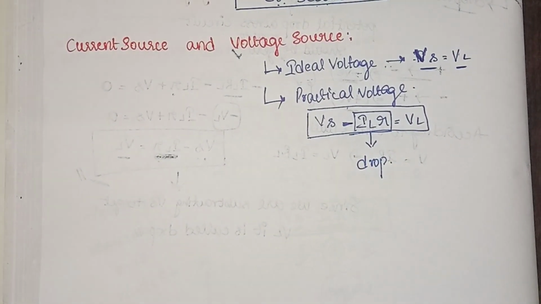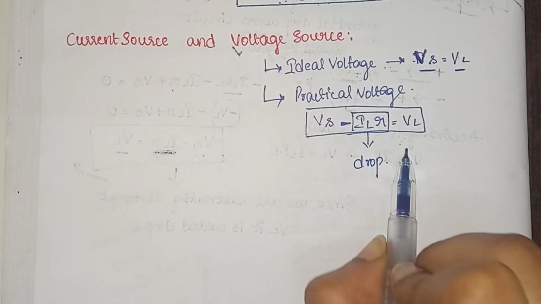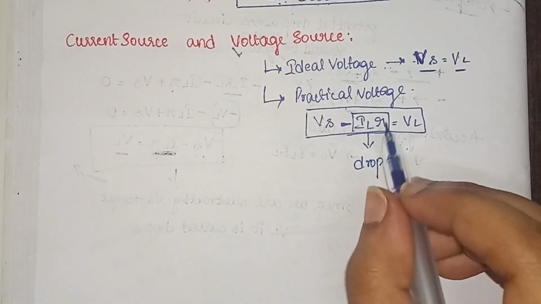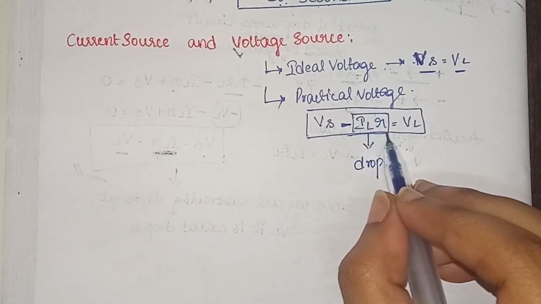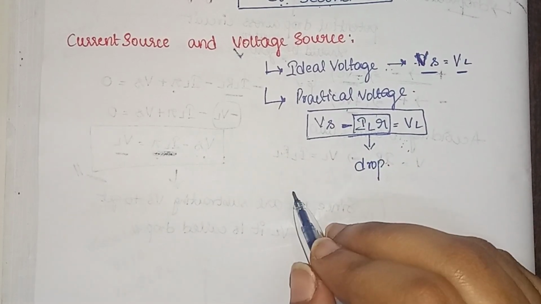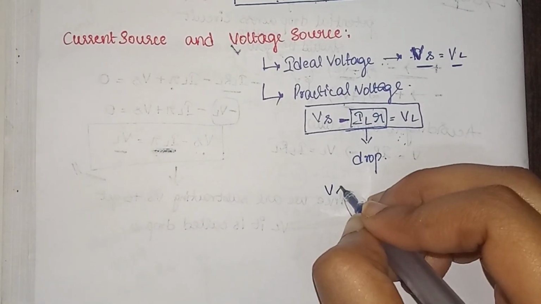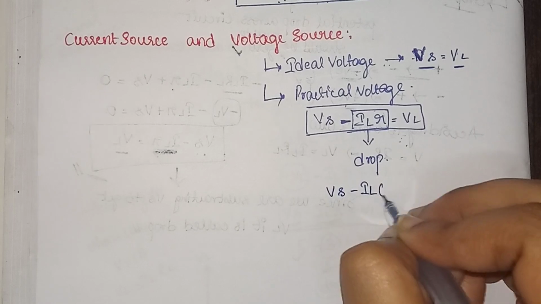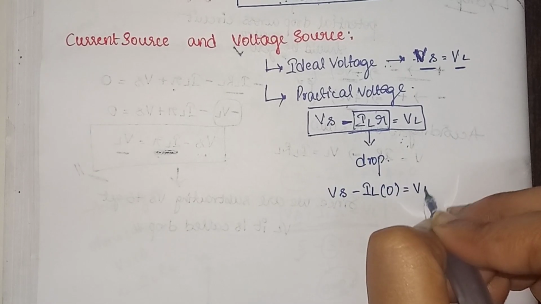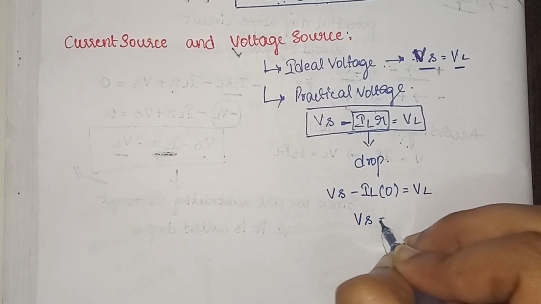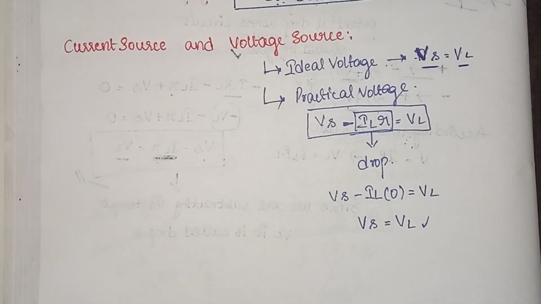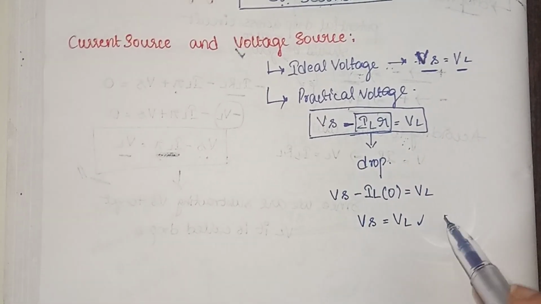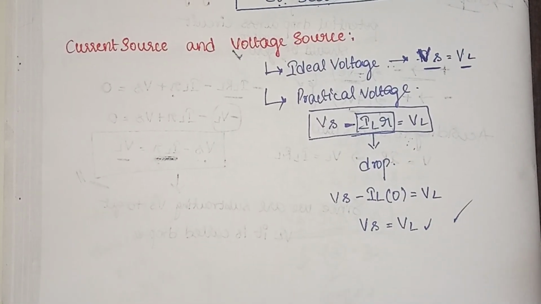Okay, so how can we make this practical part into ideal part? We'll just put internal resistance equal to 0. If internal resistance is 0, Vs minus IL into 0 is equal to VL. So Vs is equal to VL. So we can make it ideal. This is the case with voltage source. Now keep this part aside.